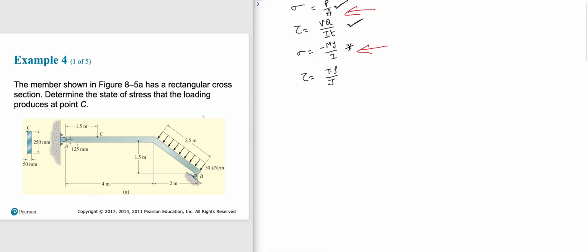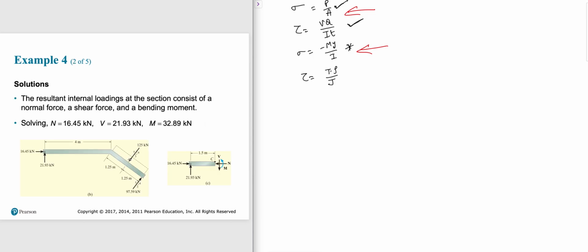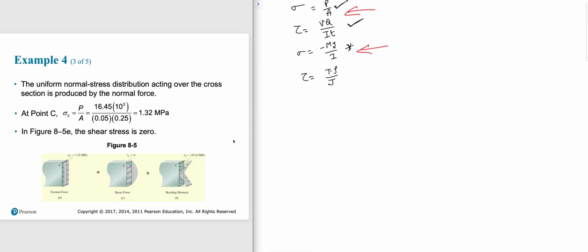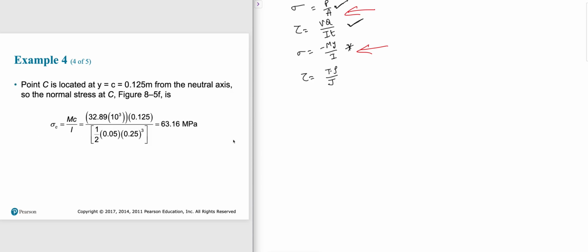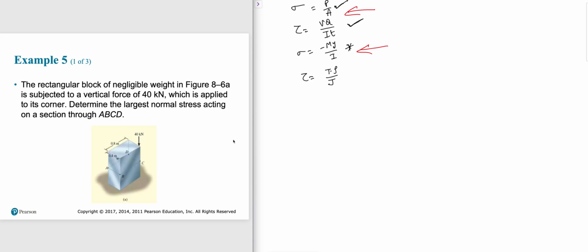Due to this distributed load, don't you have an equivalent load and don't you have supports? That's a statics problem. So from the supports, you make a cut at C. When you make a cut, you have to draw three things: normal, shear, moment. That means you have three things acting at C: normal, shear, moment. So due to these three, what happens to the point C? That is what we need to calculate.